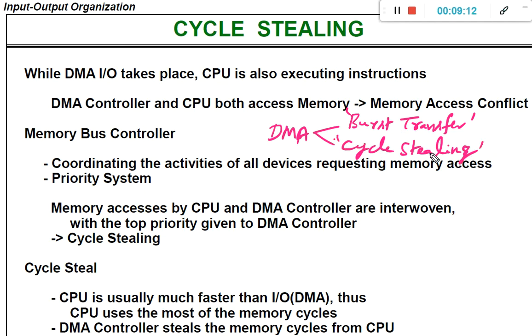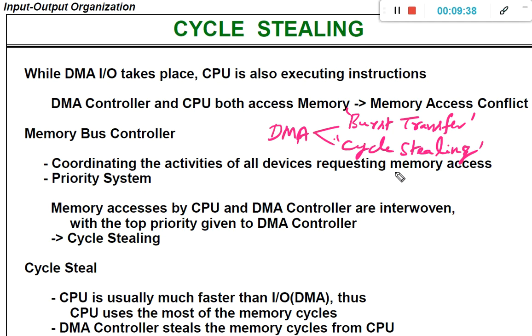Whereas in case of cycle stealing, it will be performed in a different way. The data will be transmitted word by word. One word will be transmitted from the IO device to memory, and then the control is relinquished to the CPU once again. The CPU will start executing its own operations.